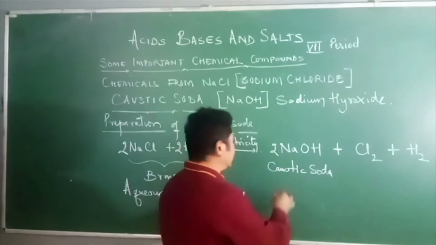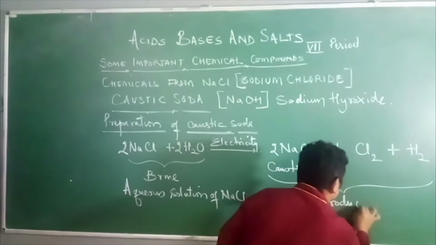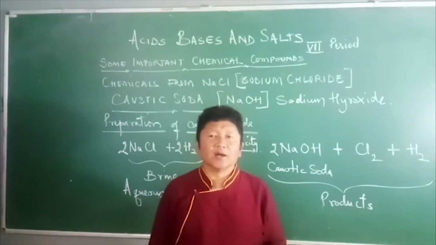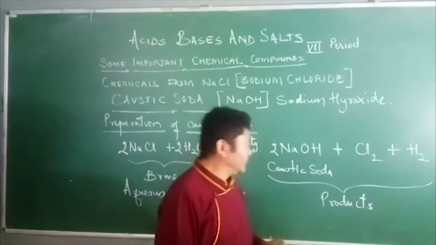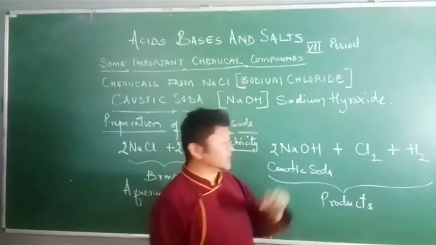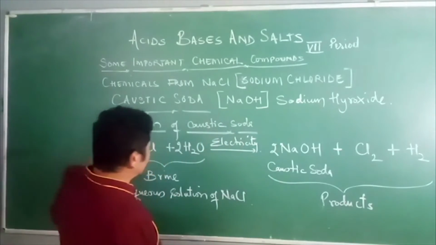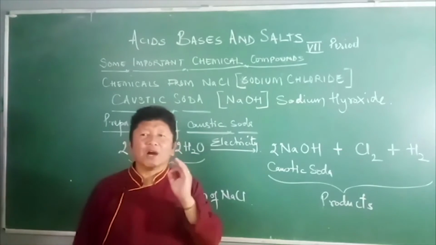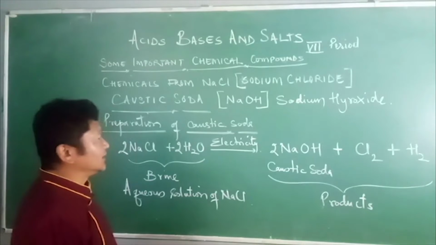These are the major products of the electrolytic decomposition of brine, and all these products are very helpful. This process is known as the chloroalkali process.